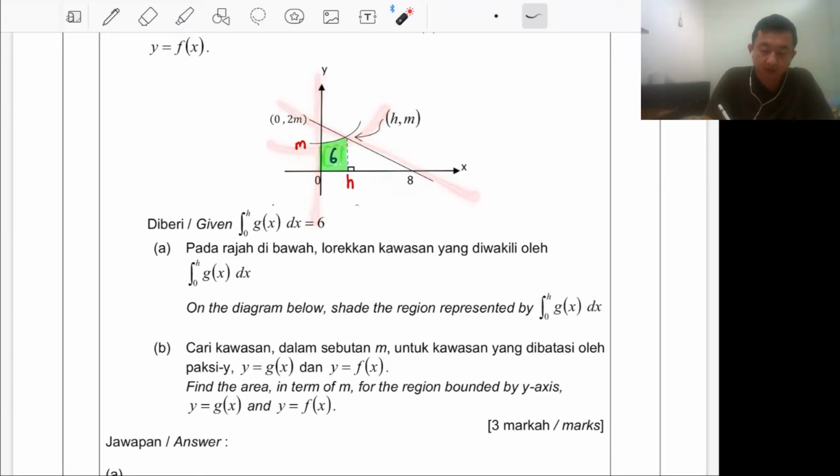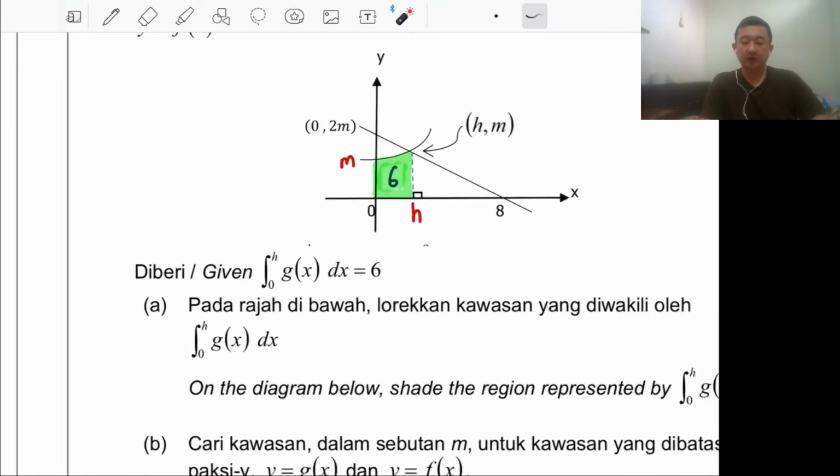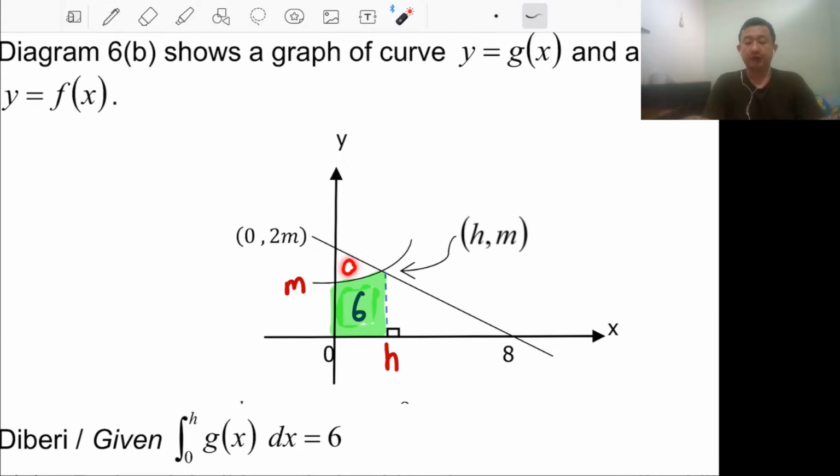Oh, this is the only part. So you need to describe this area in terms of m. This part, very straightforward. Just figure out the area of this trapezium minus 6, and that is the answer for this part.